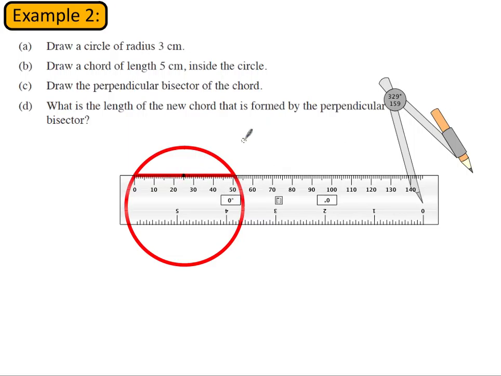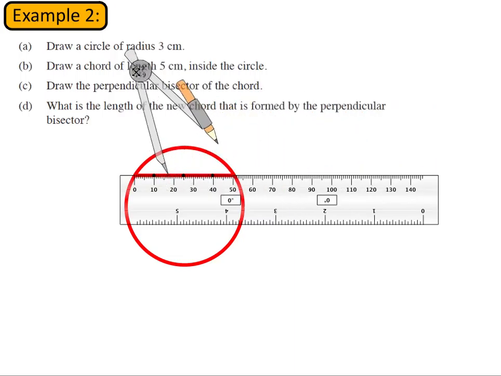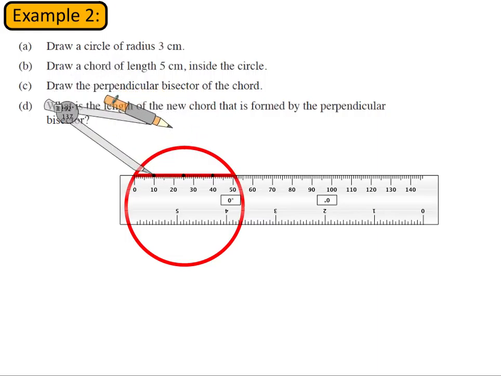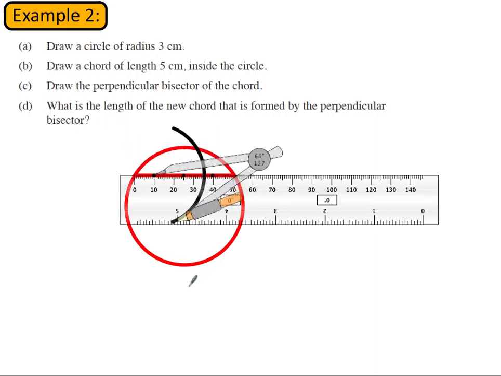Now, just like last time, we need to draw 2 points equal distance away from that center. So I've marked these 2 points to the left and right that are 1.5 centimeters away. We're now going to get the compass and set it and draw just over half the distance, like that, so the lines cross each other a couple of times.